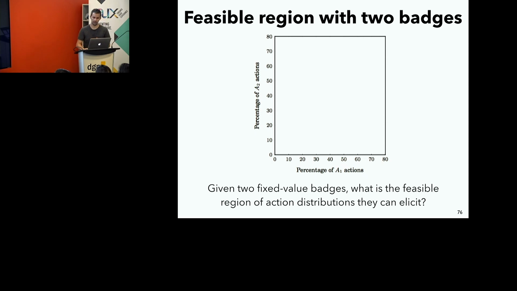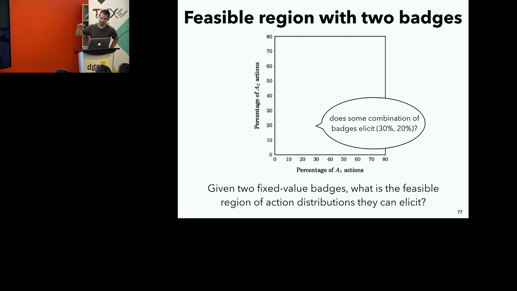So here, an XY point would be, can I get people to have a yield of 30% on the x-axis dimension and 20% on the y-axis dimension with any combination of two badges? I'm going to fill that in if I can, and not fill it in if I can't. What does this design space look like?